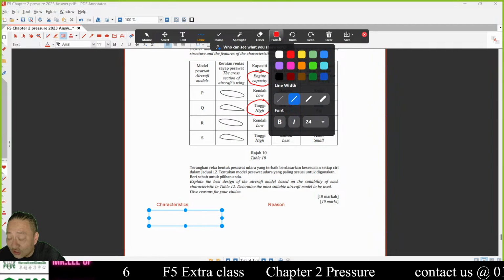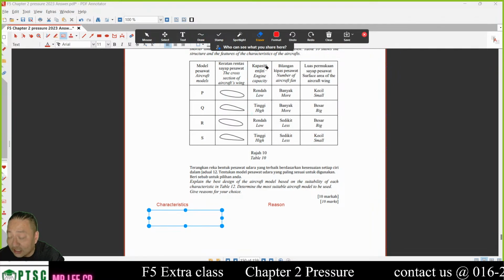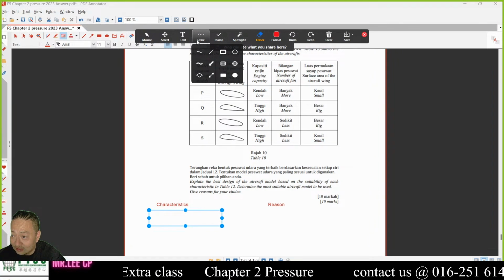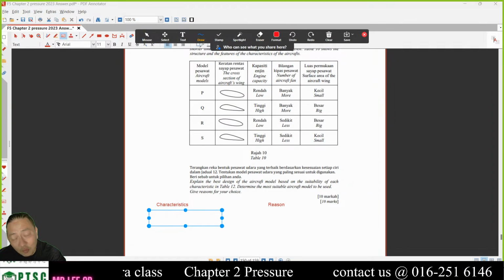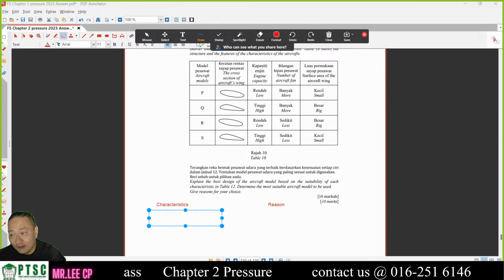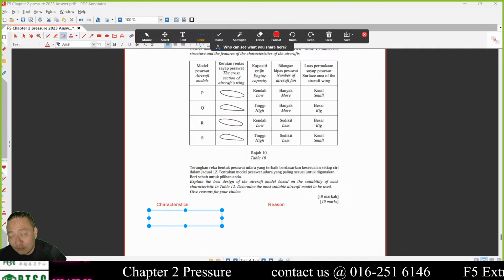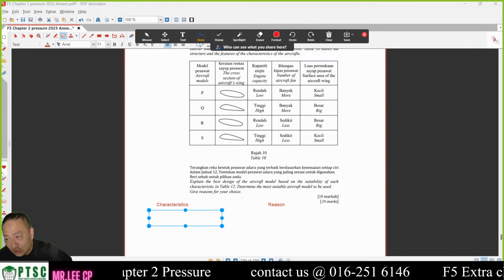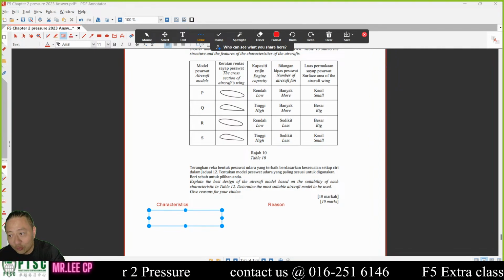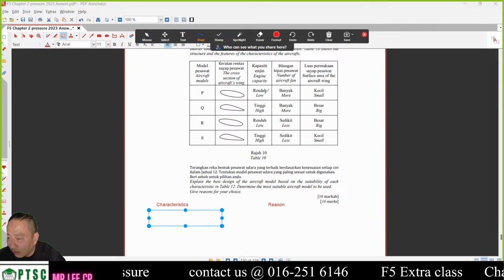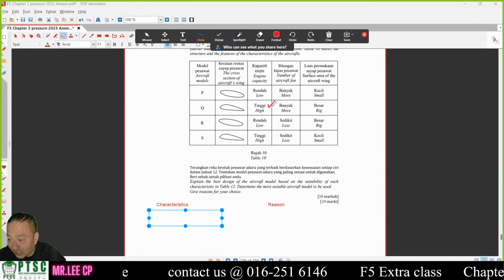This is capacity, which means how much fuel you can put in, how big the volume of the engine is. Normally we take it as big.